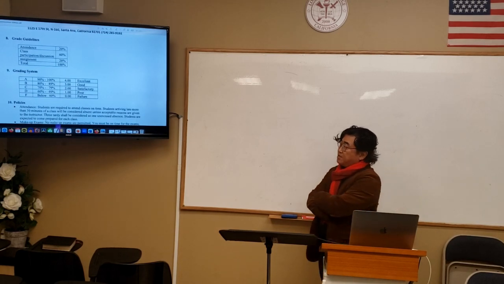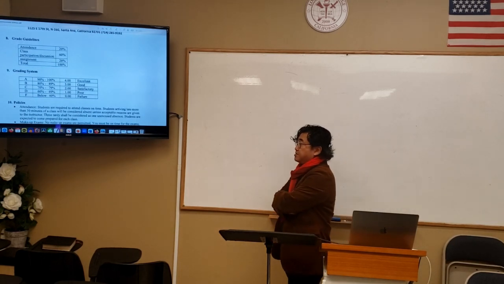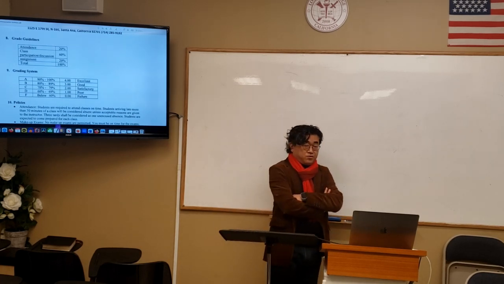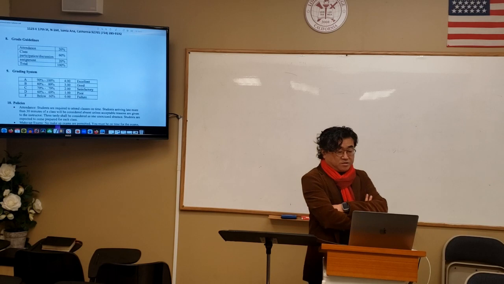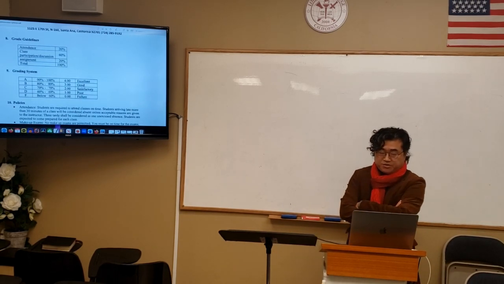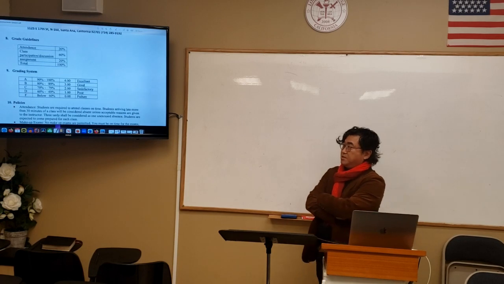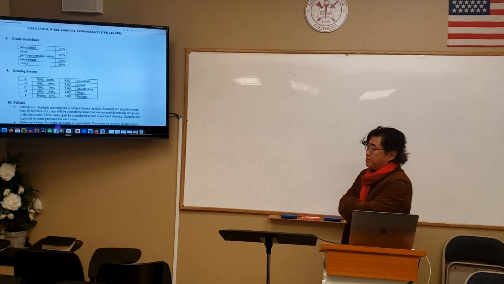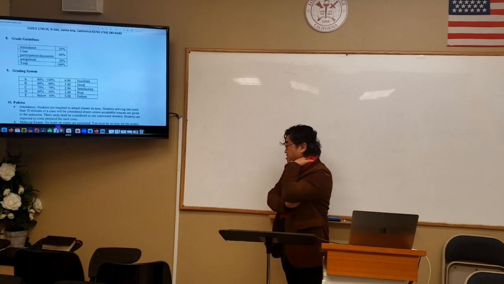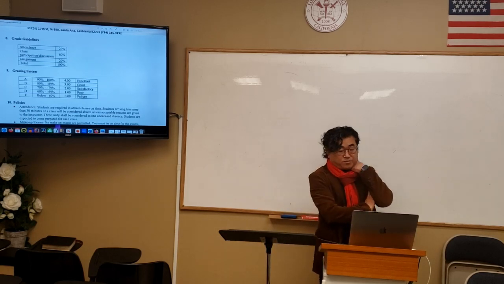Okay, great. For the guideline, your score is a total of 100%, which is composed of attendance, class participation, and assignment. Most importantly, class participation is 60%, and that's very important.